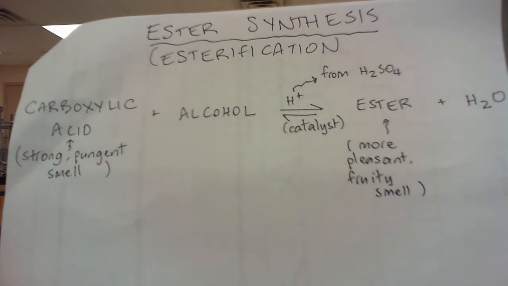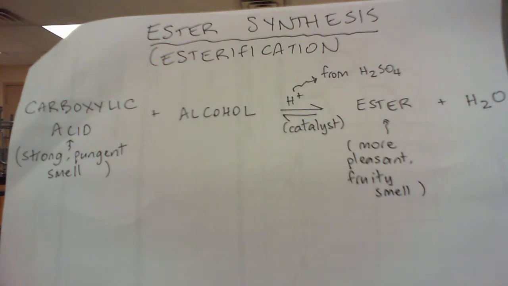Alright, so in our experiment today, we are going to be synthesizing different esters by a process known as esterification. When you make an ester, typically what we're going to be reacting together is a carboxylic acid, which usually has a very strong pungent smell.